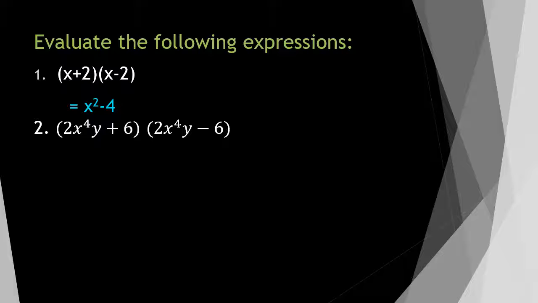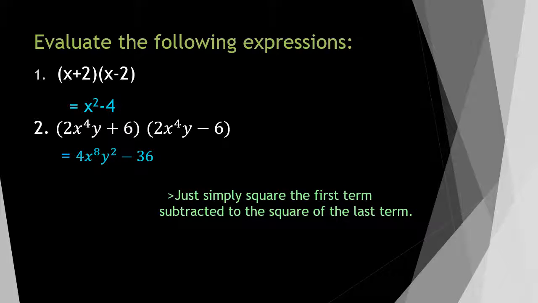And its answer is 4x raised to the power of 8y squared minus 36. Just simply square the first term subtracted to the square of the last term. That is a very significant reminder for you. Don't you ever forget that.